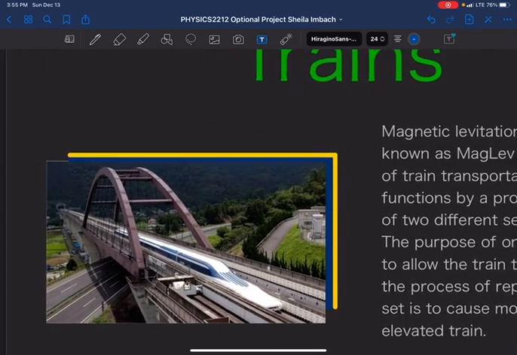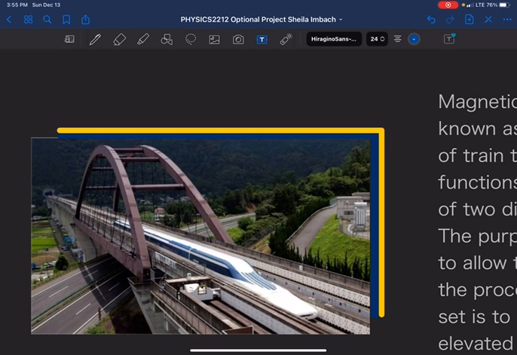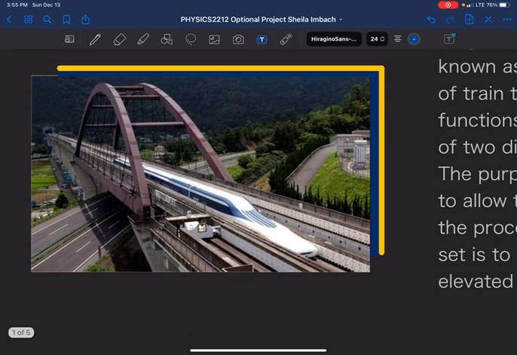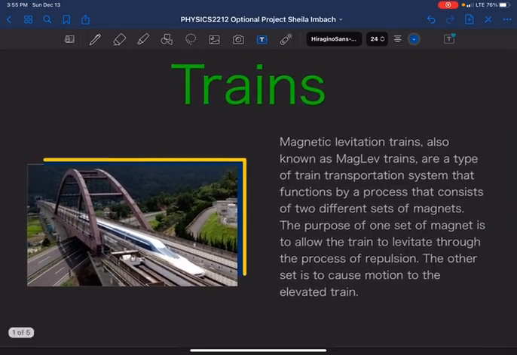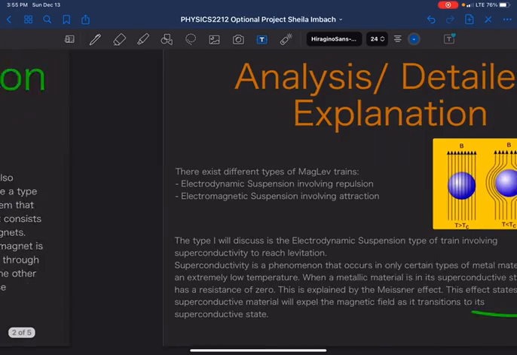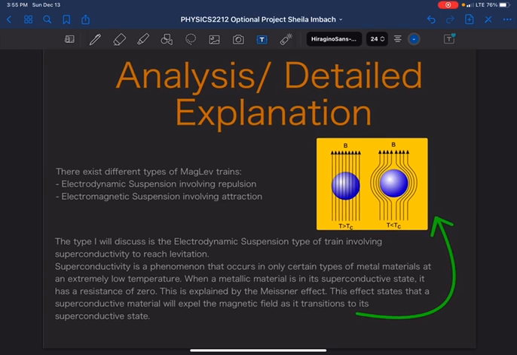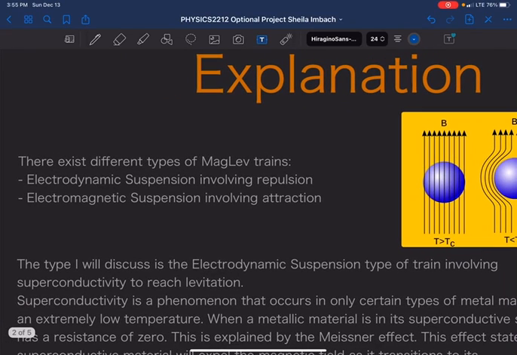Here is a picture of one of the types of trains. I thought it was interesting how the shape was. In order to talk about the analysis and the detailed explanation behind magnetic trains, I thought I would mention how there exist different types of maglev trains.